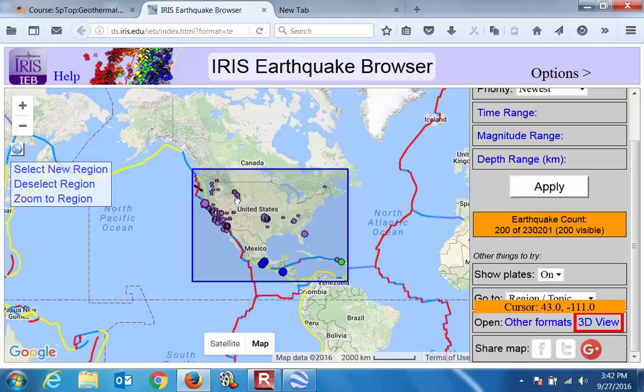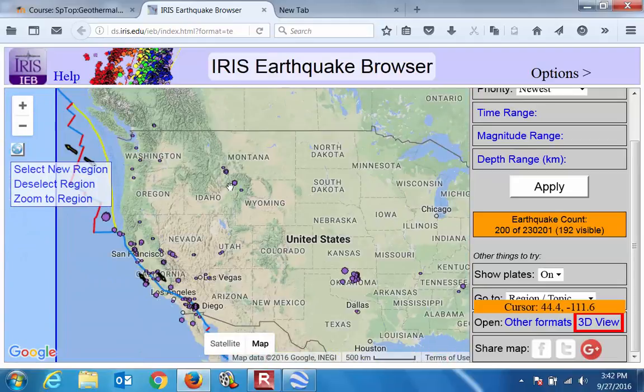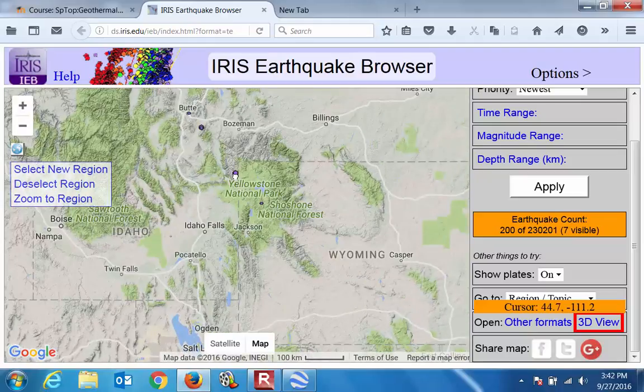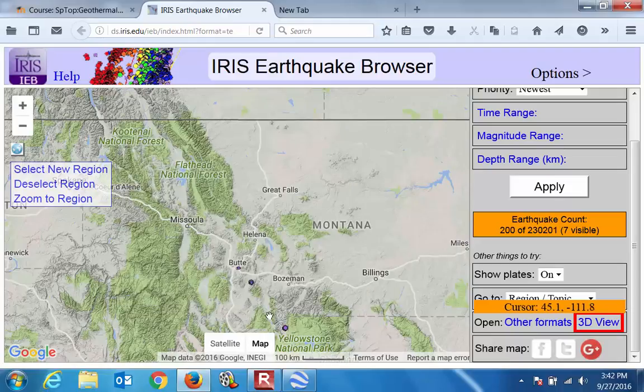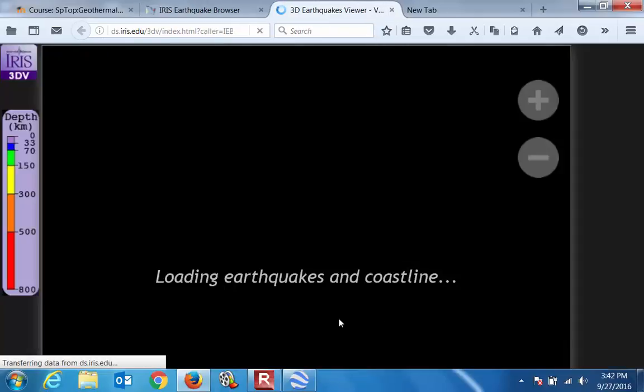Look out here, the overlay of the whole region. Oops, as close as we get. Let's take a look now at the 3D view of this. It's pretty cool.